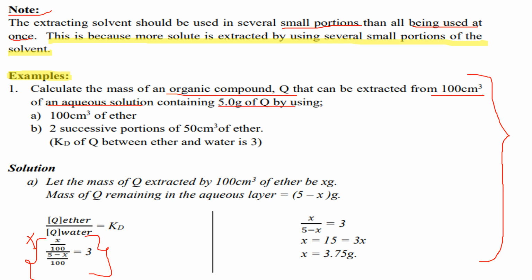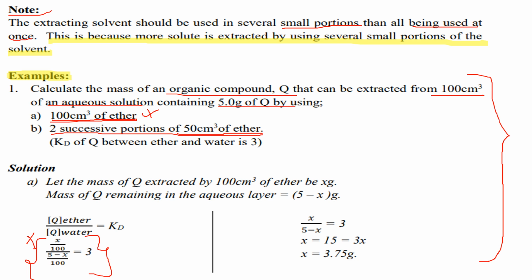So in part A we are first going to use 100 centimeters cubed of the extracting solvent all at once. And in part B we are also going to use small proportions of the extracting solvent individually, using 50 and 50 twice to total up the 100. So I want you to compare answers for part A and part B.